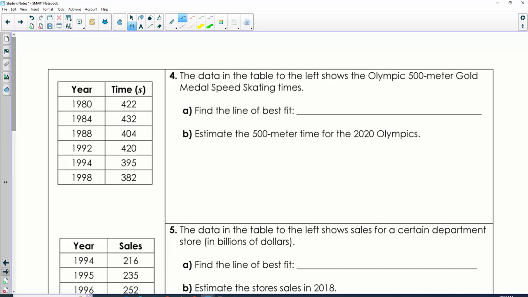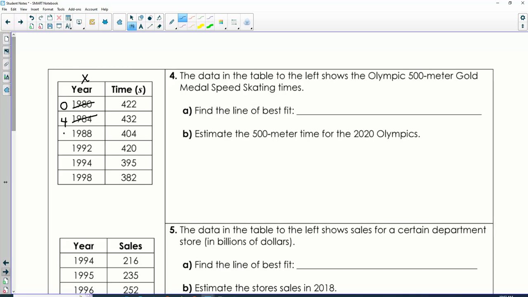So if we want more reasonable numbers, what could I make my 1980? That could be my year 0, if I just wanted to start there. The 1984 would be, how many years since 1980? I didn't go up by ones this time. So this would be 4 years.